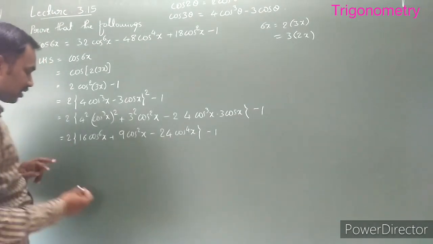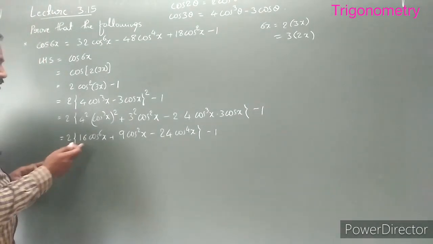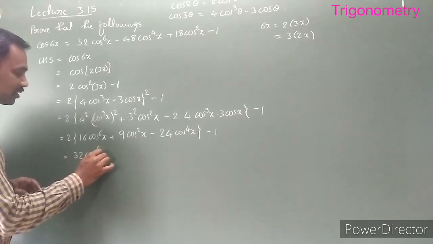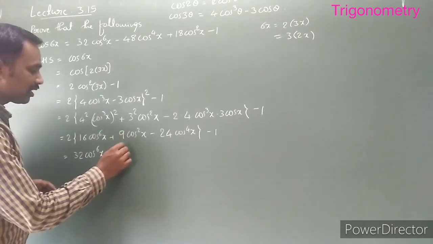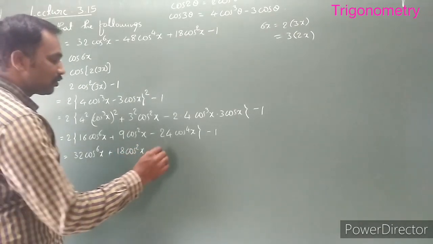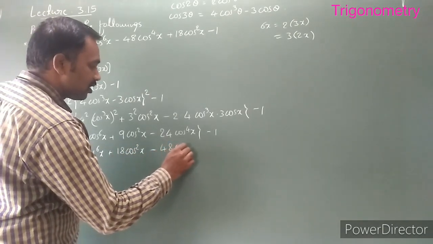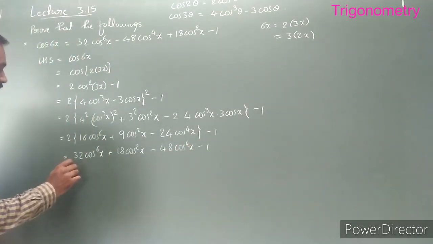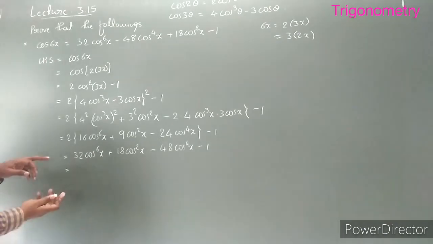Now 2 into these 3 terms, what has happened? 16 2s are 32 times cos^6 x, plus 9 2s are 18 cos^2 x, minus 24 2s are 48 cos^4 x, minus 1 as it is. Rearrange the terms and I have got the required result. Check it.